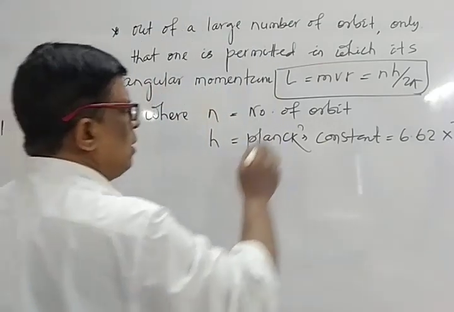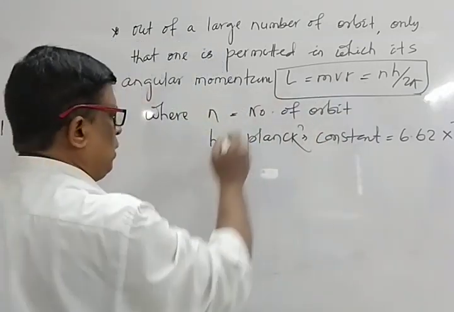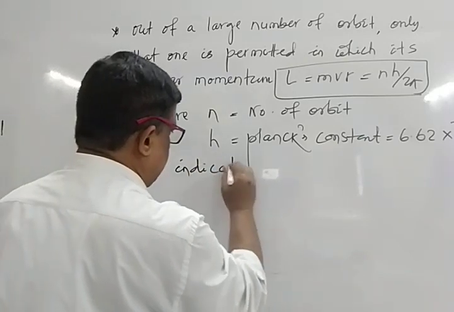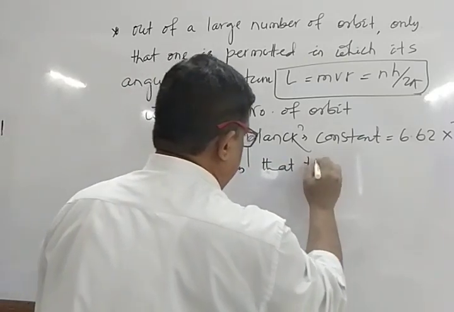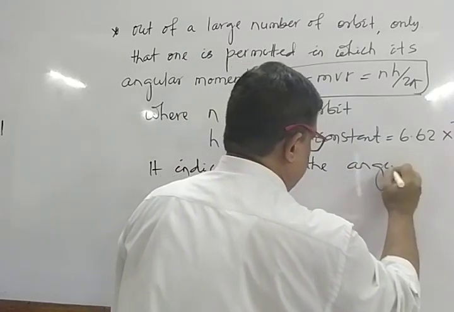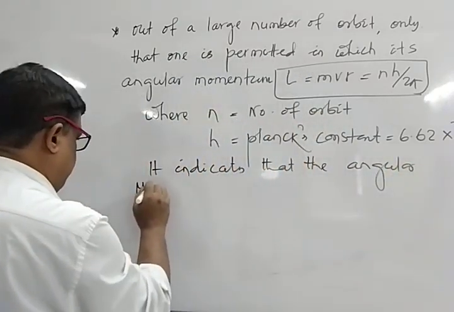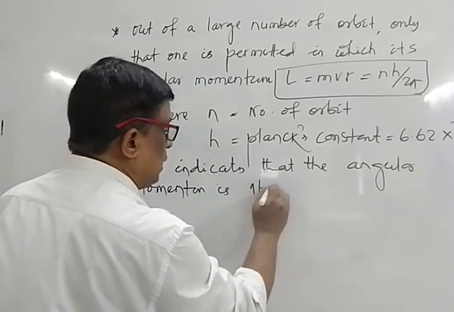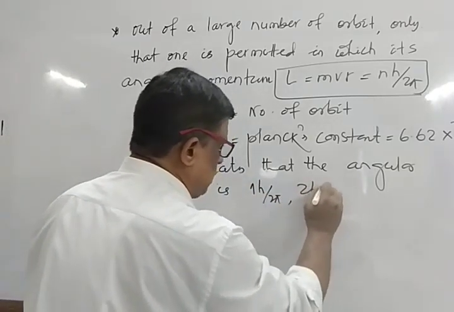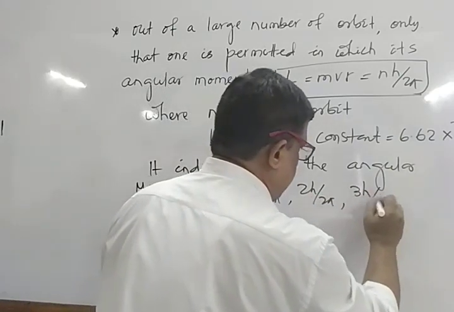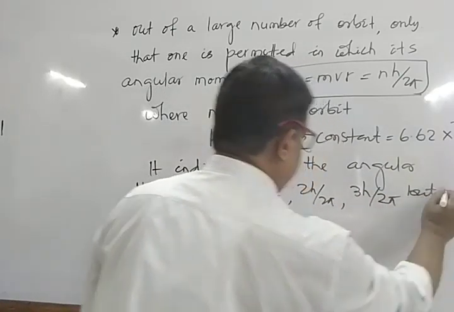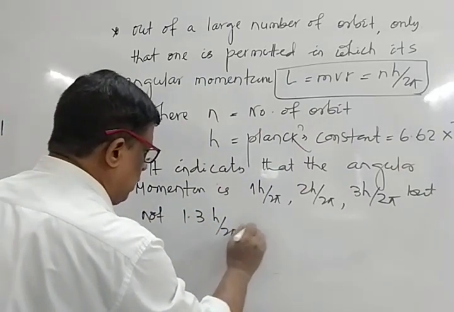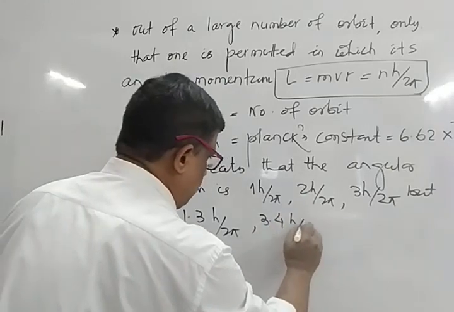It indicates that the angular momentum is 1h by 2 pi, 2h by 2 pi, 3h by 2 pi, but not 1.3h by 2 pi or 3.4h by 2 pi.